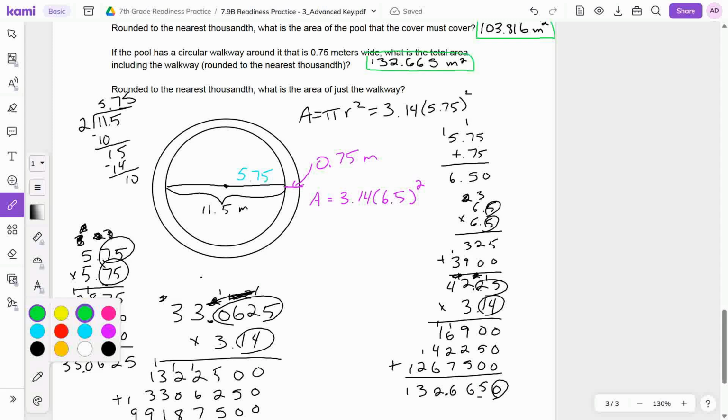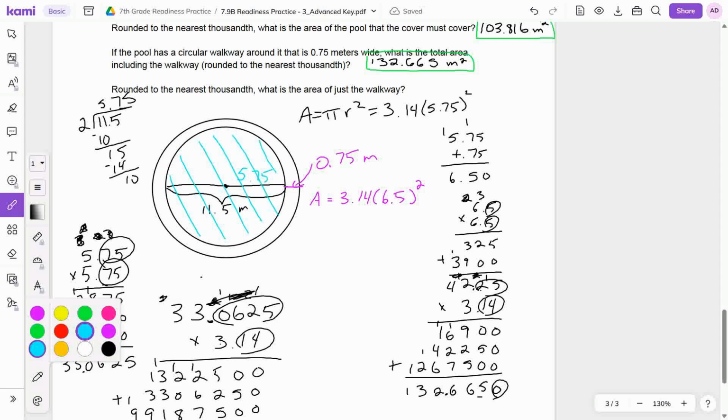All right, so that right there is the area of everything, of the pool and the walkway. Now, I need to find the area of just the walkway. Now, thankfully, there's not much left because you know what? If I found the area of, I'm going to shade this in this blue right here.